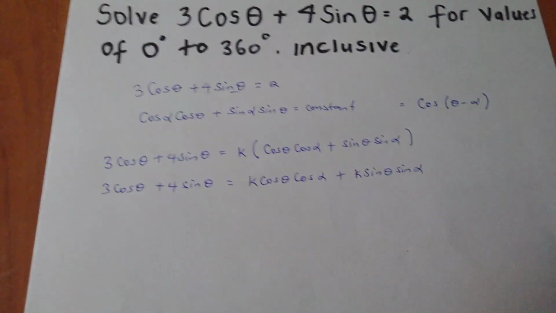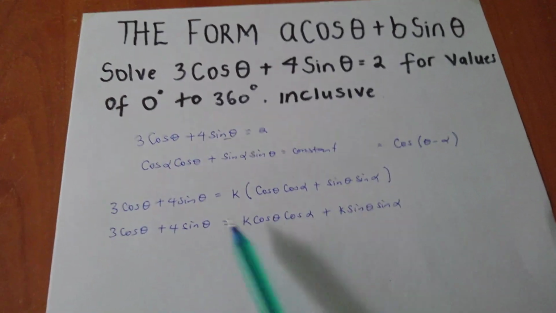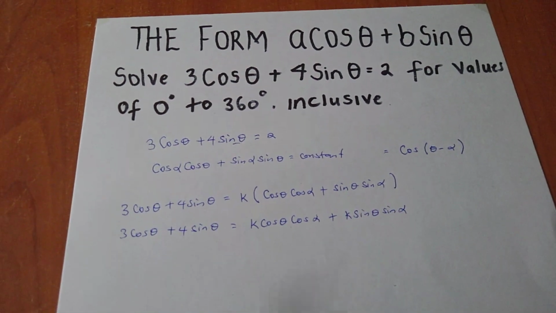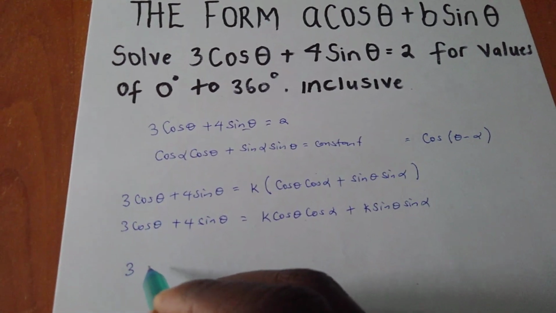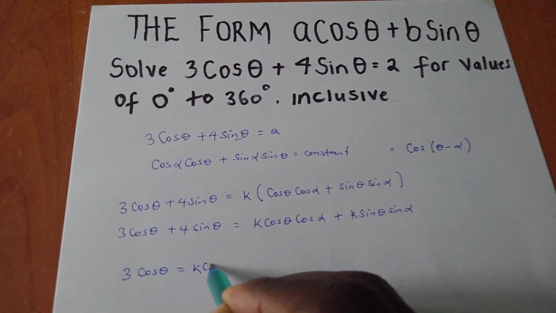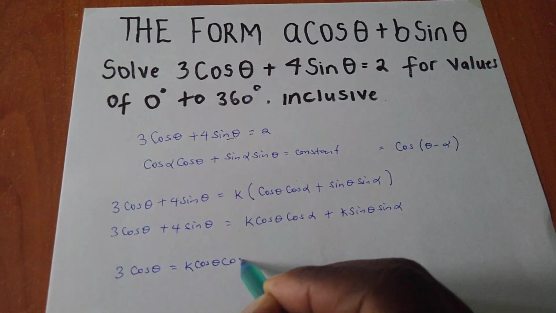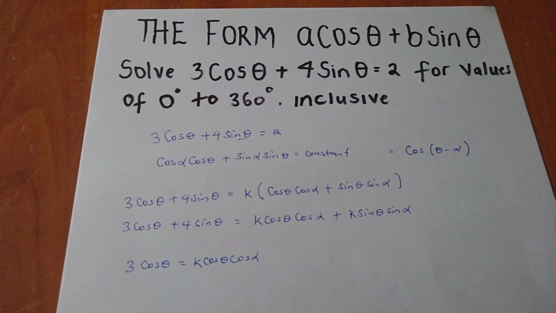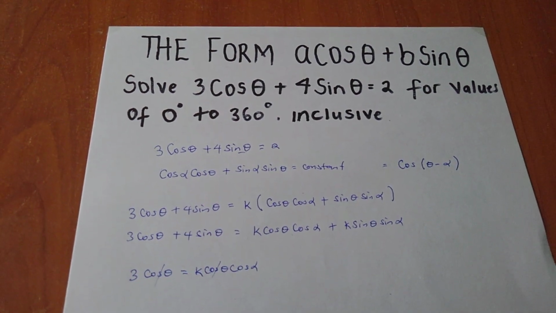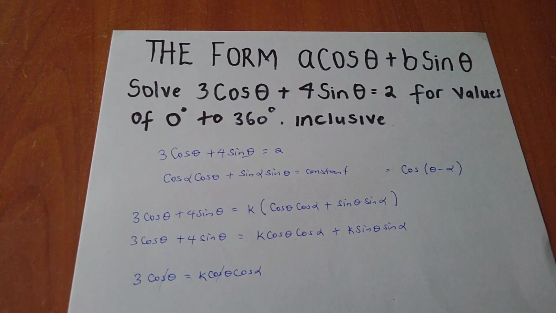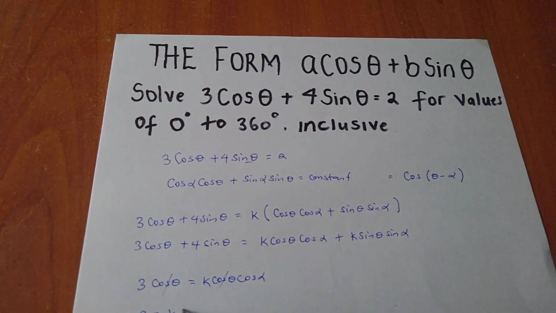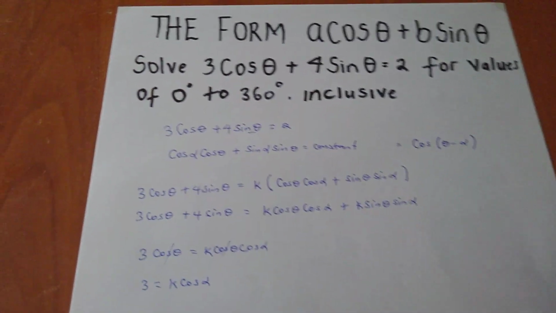Now I'm going to compare this one. Automatically it means that this is equal to this and this is also equal to that. So I'll have 3 cos θ equal to k cos θ cos α. If I divide out and cancel out, because the cos θ will go, I will remain with 3 equals k cos α this side.